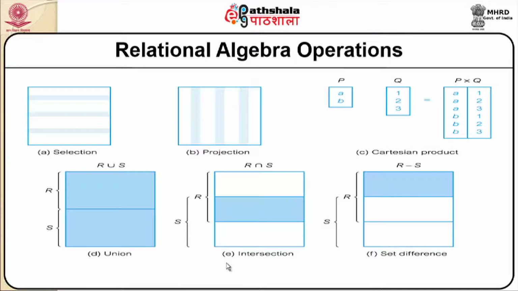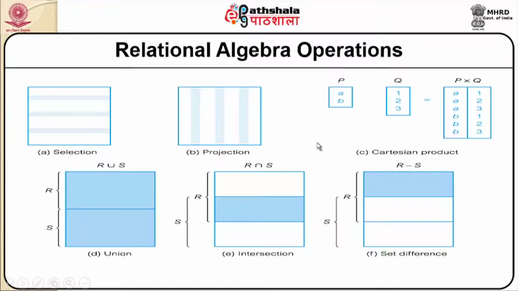To give you an image perspective of all these relational algebra operations, the first one indicates the selection, where the highlighted ones indicate the selection. So, this is how we select. That happens majorly through rows or tuples. Projection happens through attributes or columns.